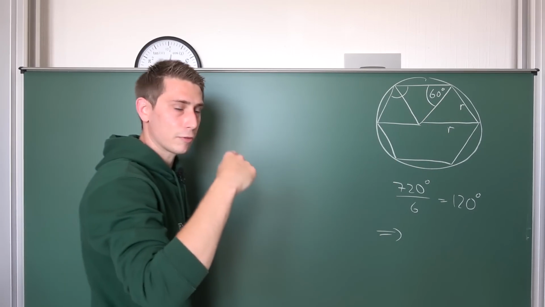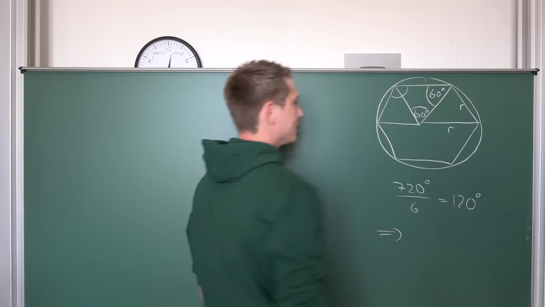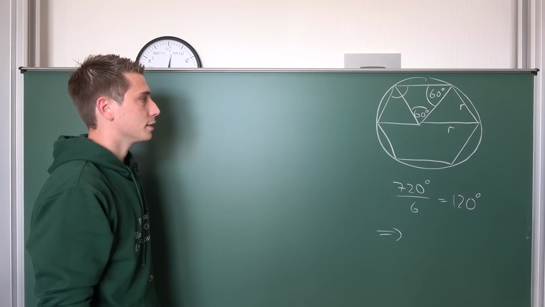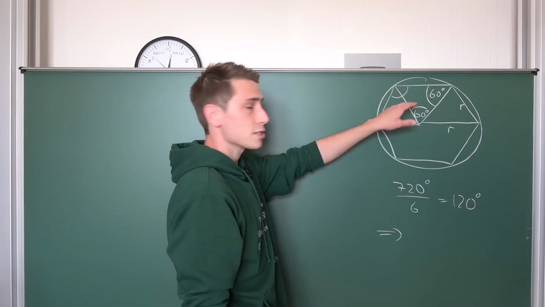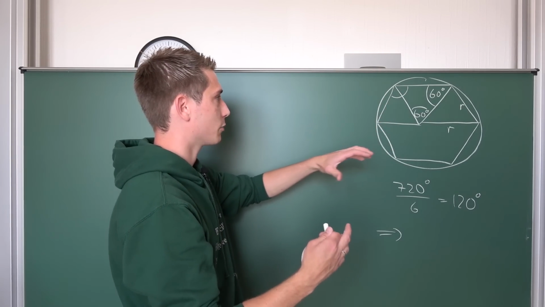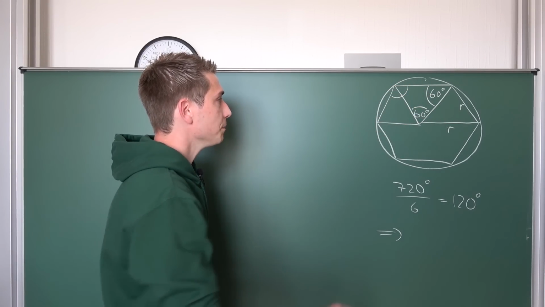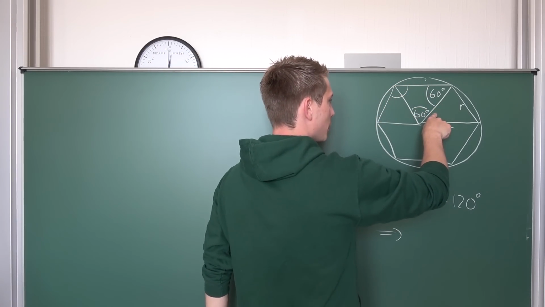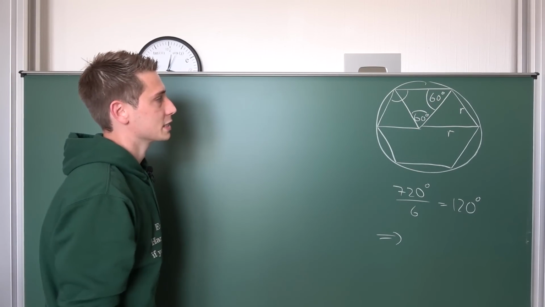Since it's a triangle, we have 180 degrees of interior angles. This is also 60. Making this an equilateral triangle. Since this is the radius, all side lengths in an equilateral triangle are equal since the angles are equal. So this is the radius r, this is the radius r, making our outer side equal to the radius r.